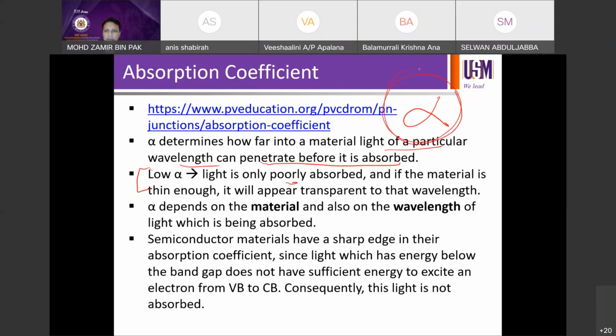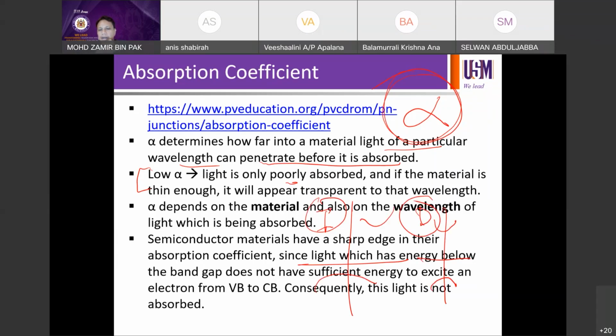One more thing, alpha is also dependent on whether the semiconductor is a direct or indirect bandgap. Based on our previous knowledge, left is indirect, right is direct.